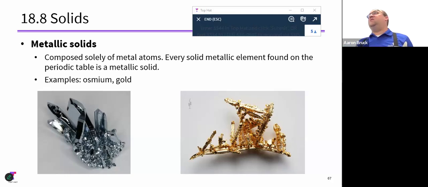That's where a lot of the calculations we're going to do for this part of the chapter come from. But the crystalline nature is what it generates. So we've got crystals here of osmium, and crystals here of gold.